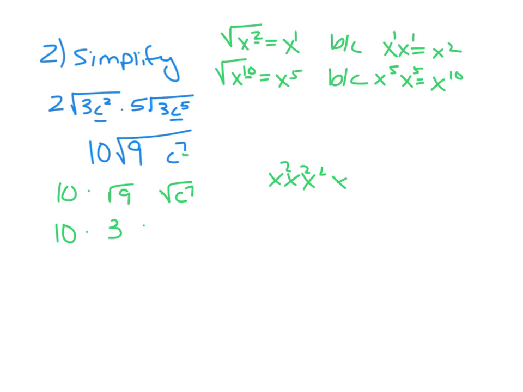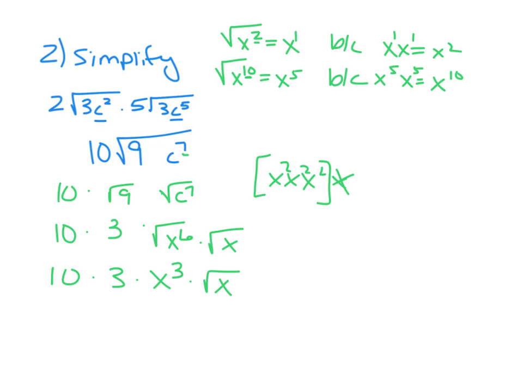So you could think of this as these are going to reduce, which is 6 of them, and this one's not. I call this a remainder. If you have any odd number, that means that 1 x is not going to reduce. Go 1 digit lower to your 6, and then cut that guy in half. And your final answer is 30x to the 3rd square root of x.